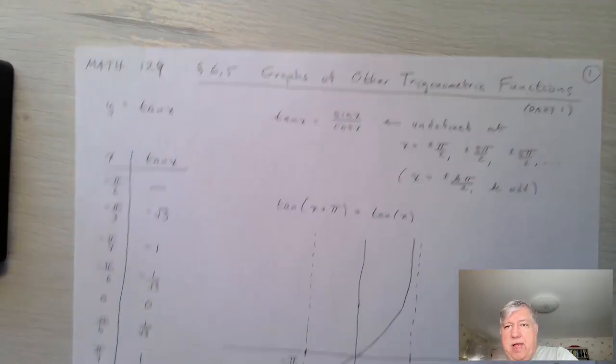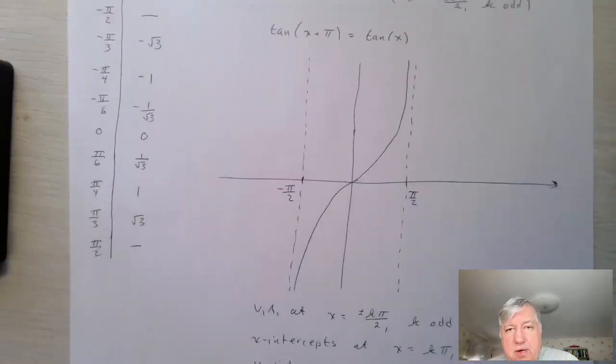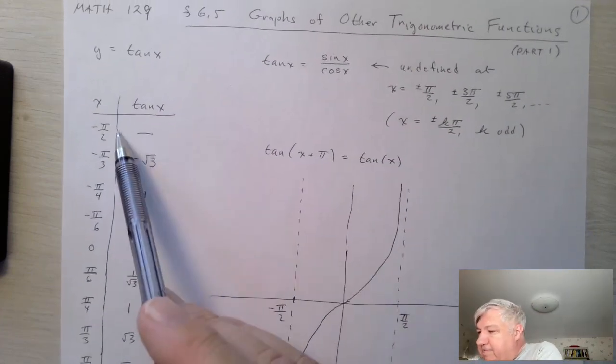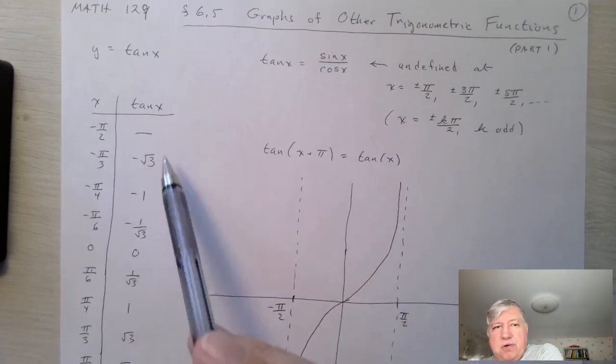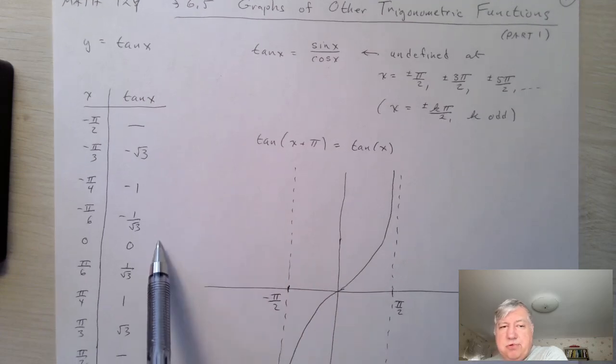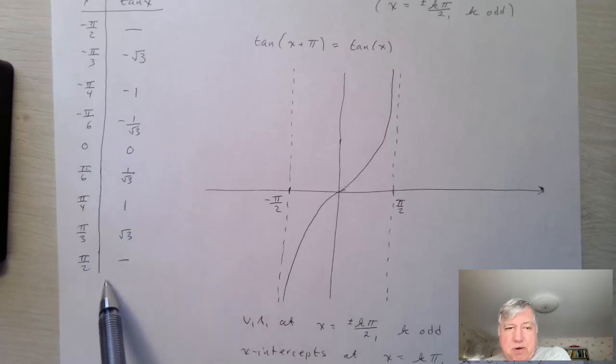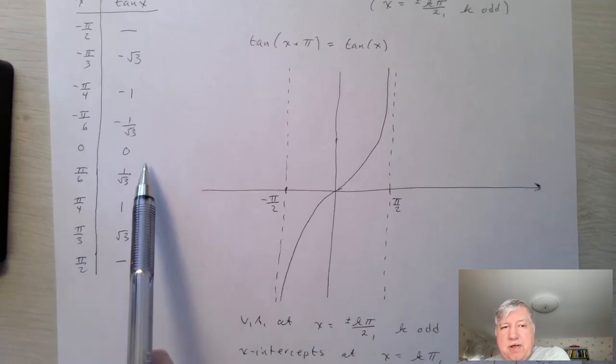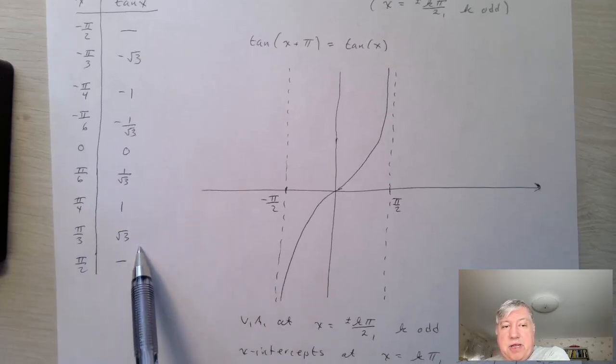So what happens here, we can plot these points and we can see that from negative pi over 2 to 0, these values are negative. We start with a big negative number, and then the negative numbers get closer and closer to 0, and then from 0 to pi over 2, everything's positive, and the numbers start increasing again.